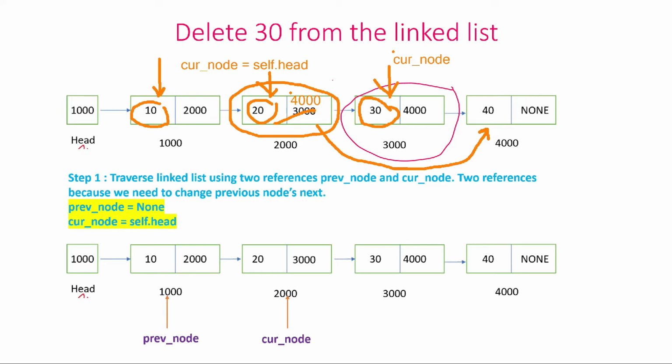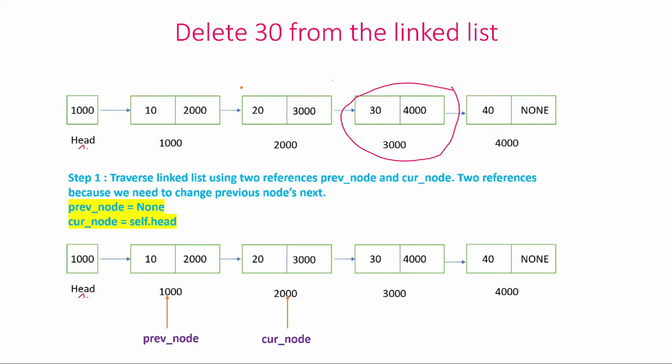We want to store 4000 instead of 3000 here. So you must be getting it: instead of having a reference just to the current node, that is the node we want to delete, we should also have the reference to the one which is previous to it. So we'll use two references, current node and prev node.